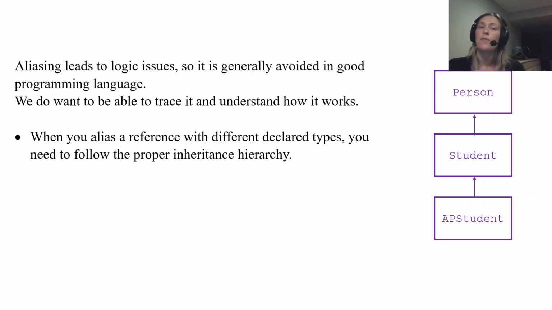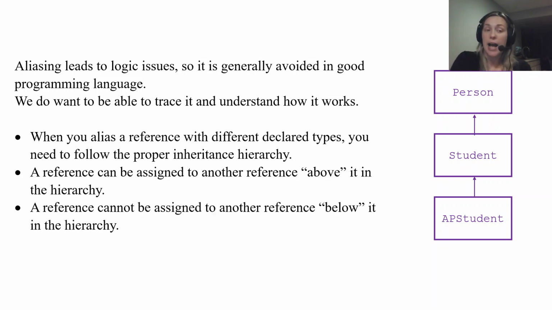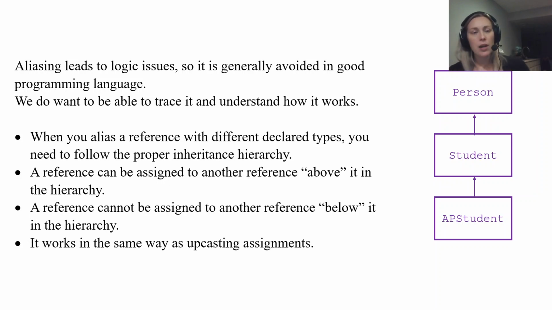You just have to make sure you follow the inheritance hierarchy. A reference can be assigned another reference above it in the hierarchy, but it can't be assigned one below. If that's confusing, just know it works the same way as upcasting assignments.